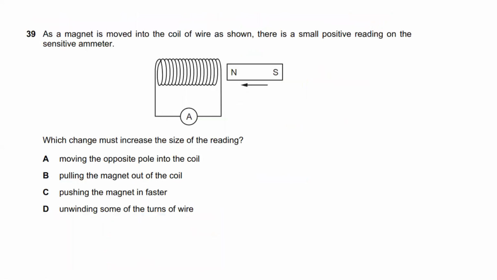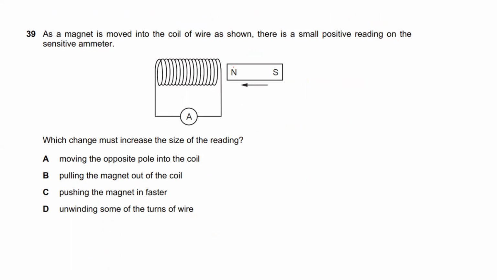Next question, question 39. It says that the magnet is moved into a coil of wire as shown. There is a small positive reading on the sensitive ammeter. Which change must increase the size of the reading? So remember, this magnet is moving towards this coil.